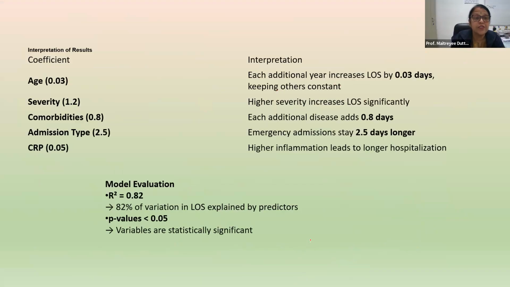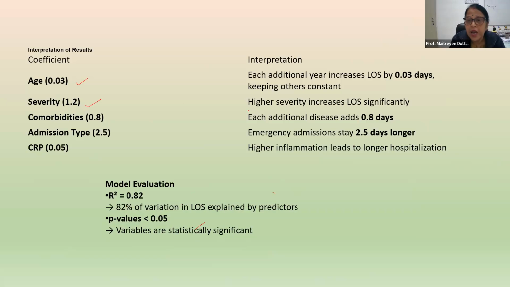For example, for age, we are getting 0.03. It means that each additional year of the patient's age increases LOS by 0.03 days. That is the significance, right? Say, for example, severity 1.2.